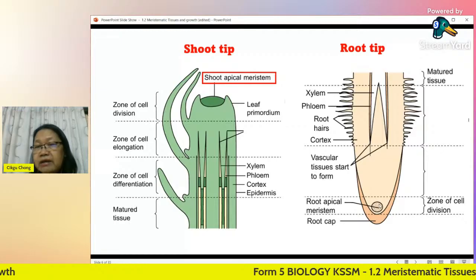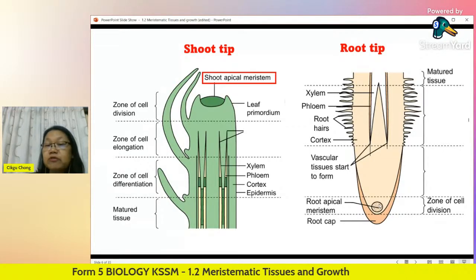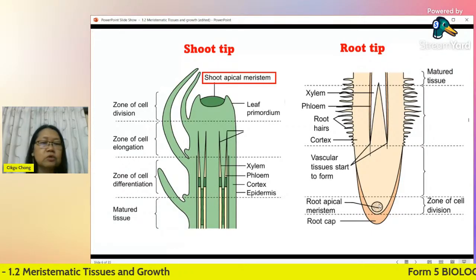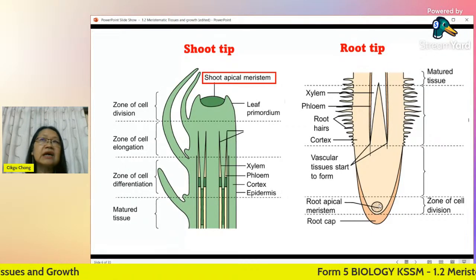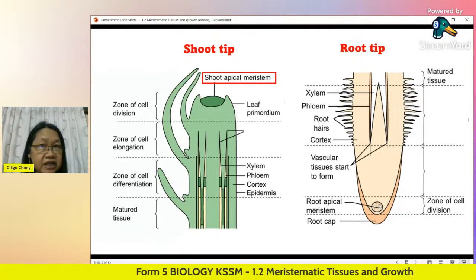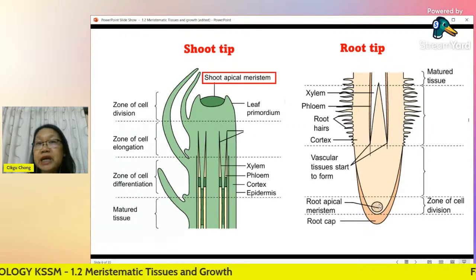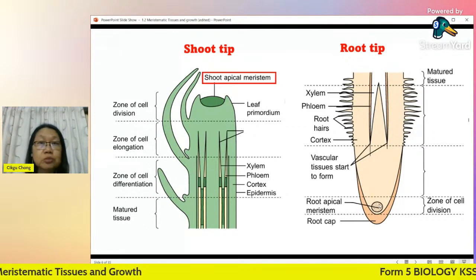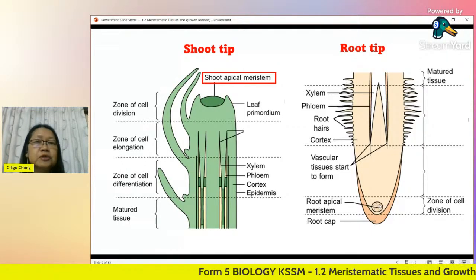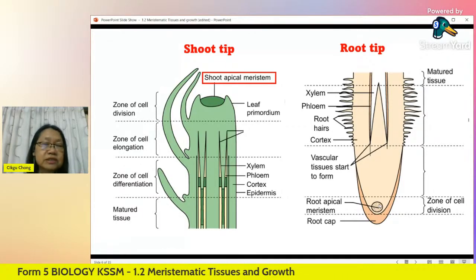In order to protect it, you have a few layers of root cap cells, which protect it, and these root cap cells also produce a kind of mucus, a liquid, which is called mucilage, to lubricate, to make it smoother, so that it's easier for the root tip to penetrate into the soil. Okay, so now after this zone of cell division, you will have all these new cells formed.